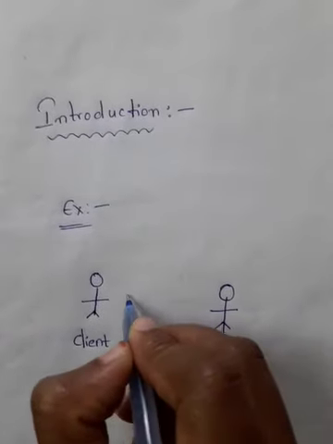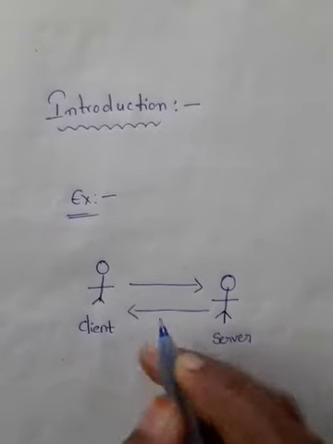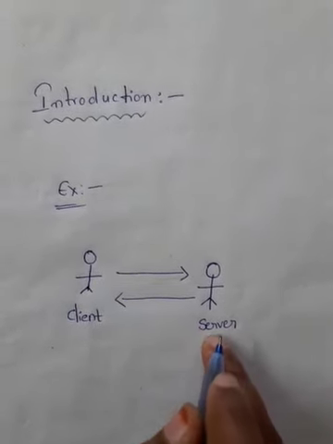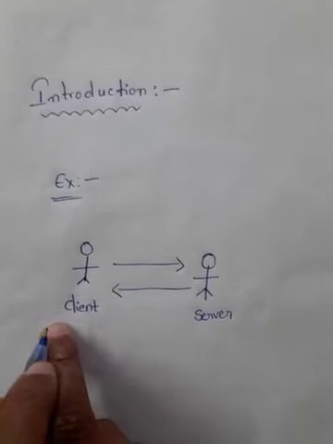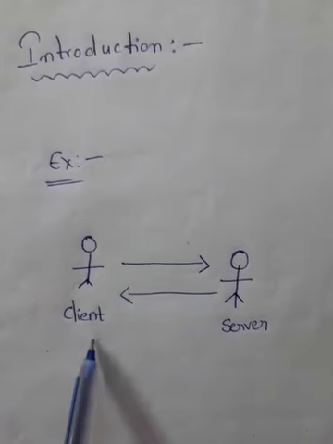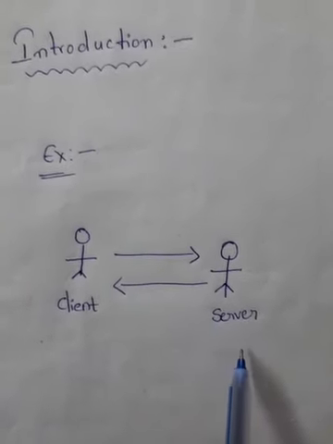This is the task which has been done between client and server. The client sends a request to the receiver, and after handling the request, the receiver executes it and sends the response to the client. Here the client becomes the sender and the server becomes the receiver.